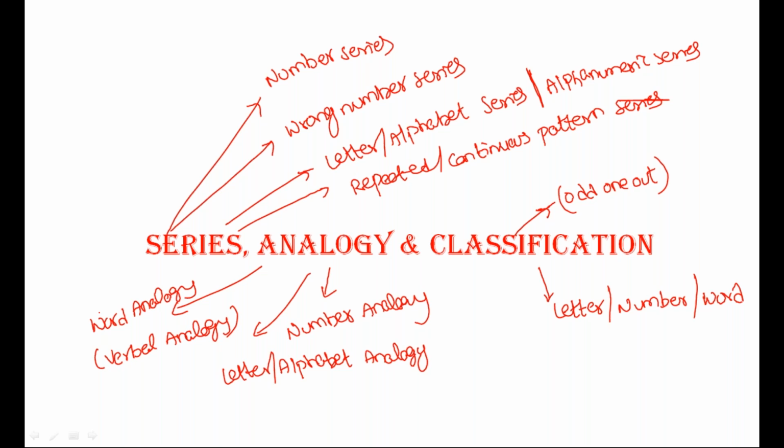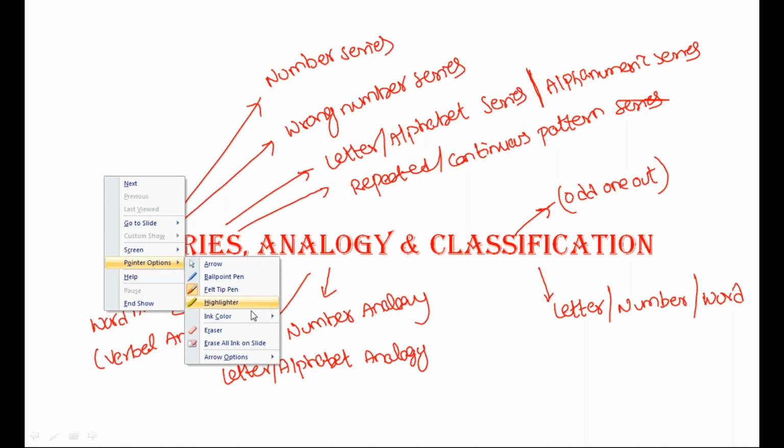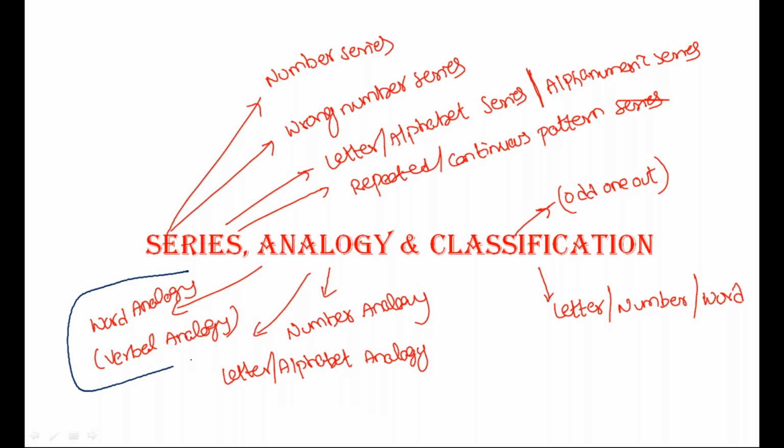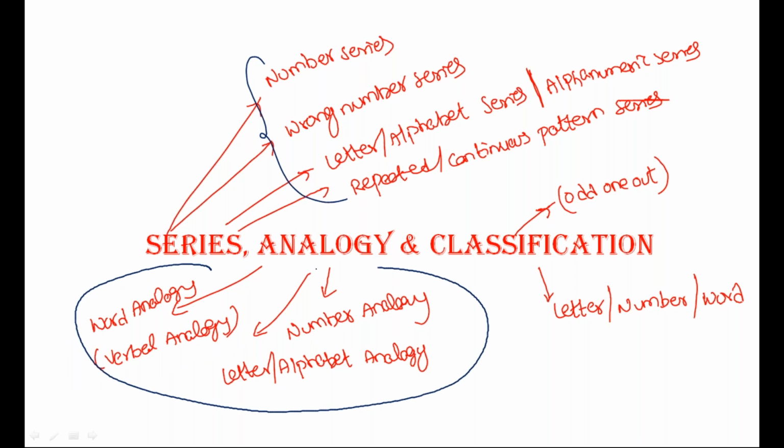Here, word analogy is there. These are the things we are going to cover one by one. This is the outline I'm mentioning to you: this is analogy, this is series, and this is classification or odd one out.